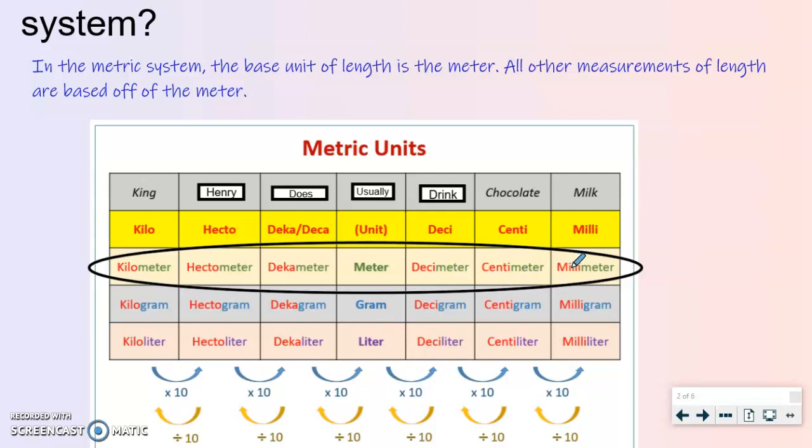And if you're going from a smaller unit to a larger unit, you're going to be decreasing that number. Our next lesson will be on converting units of measurement, so we'll start to see it today, and then we'll really work on using it in our next lesson.